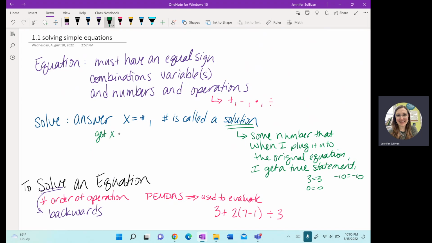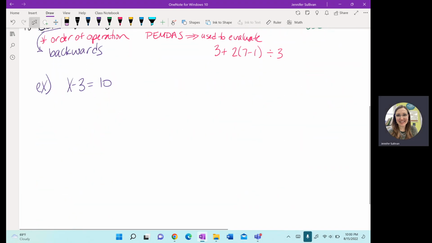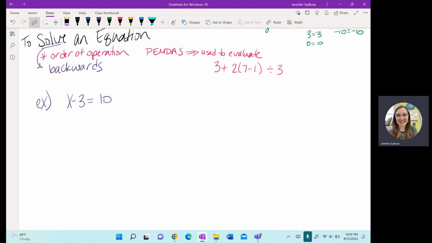Get x by itself. If I'm going to get x by itself, I'm going to say, okay, what's happening to my x? I'm taking x minus 3. This subtract here is where I'm going to undo first.